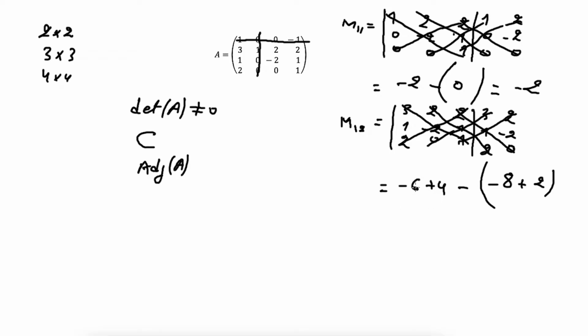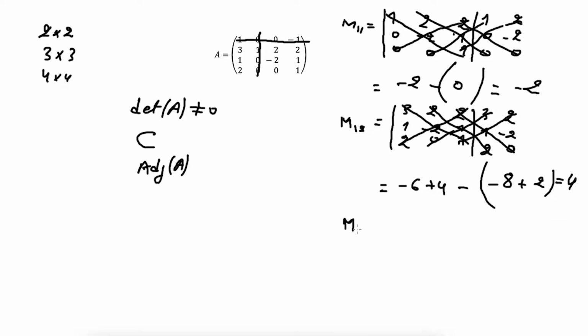Here, minus 6 plus 4 is minus 2, and here minus 8 plus 2 is minus 6, and with the minus sign it is plus 6, so minus 2 plus 6 is 4.